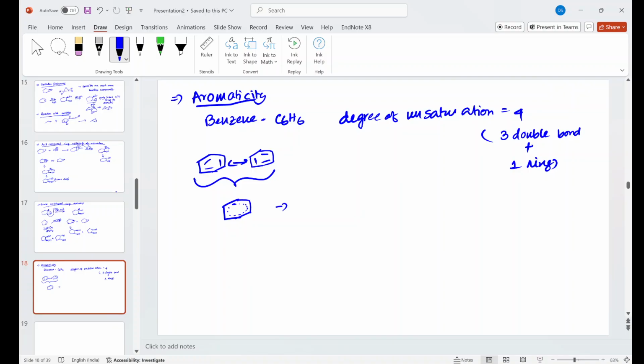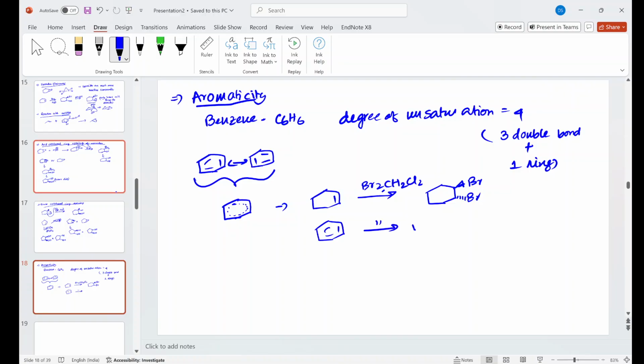So for example, we already discussed this part. If you use bromine in presence of DCM, chloroform, anything, you will have the dibromination product, which is an anti-form. Okay, but for benzene, if you use a similar reaction condition, there will be no reaction.